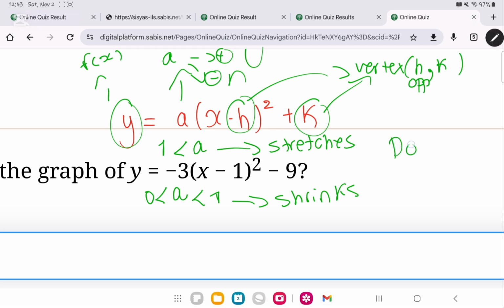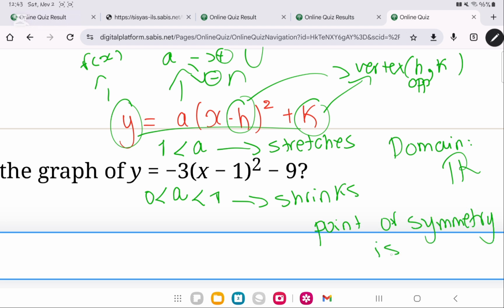Also, our domain is always all real numbers as long as there are no radicals, no fractions. So if it's in this form, then the domain is all real numbers. The axis of symmetry is x equals the opposite of h. So here, if h was minus 1, then the axis of symmetry is x equals the opposite of h, which is 1.